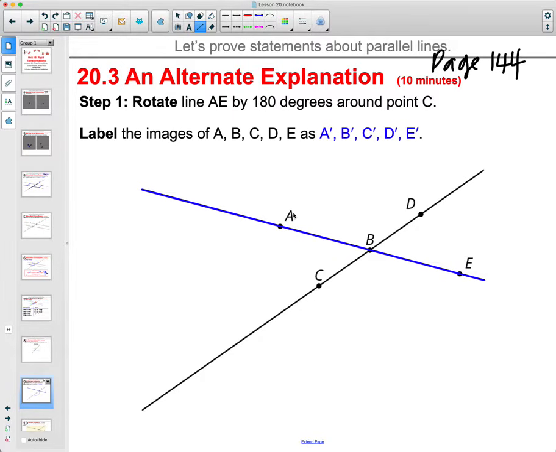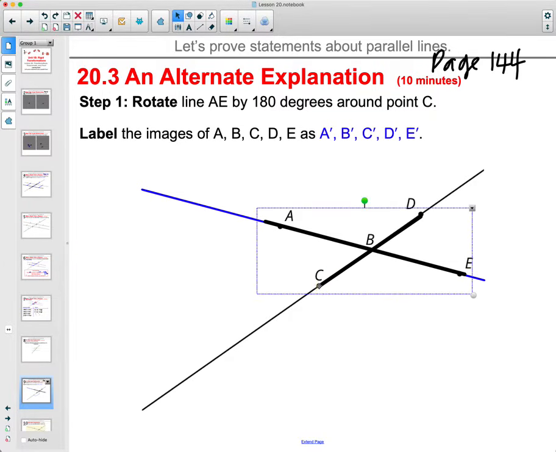Now you're going to take your tracing paper and rotate these 180 degrees. I'm just going to get these drawn on here. Then you rotate it 180 degrees around point C. Make sure you put your pencil at C and then rotate this around 180 degrees.